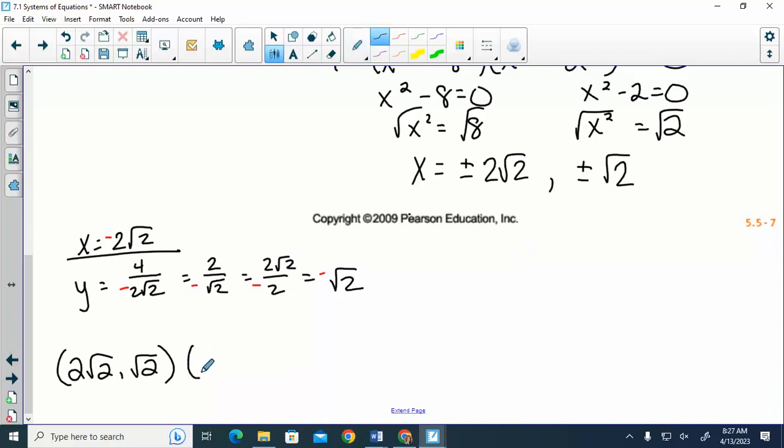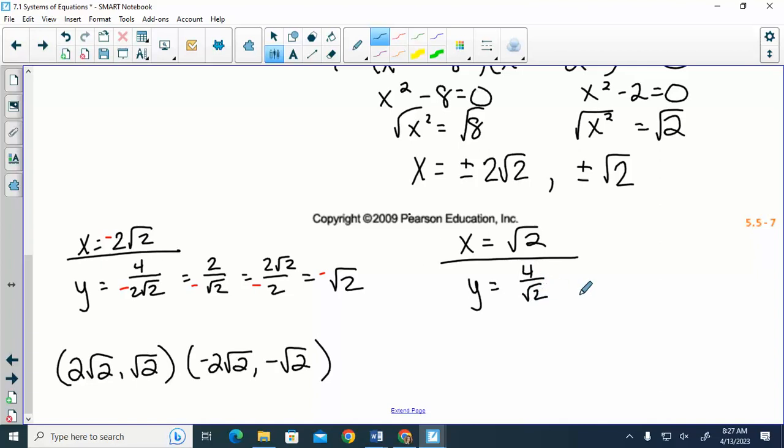Then we plug in a square root of 2. That one gives me 2 radical 2. And what happens if you make that a negative? Negative 2, right?